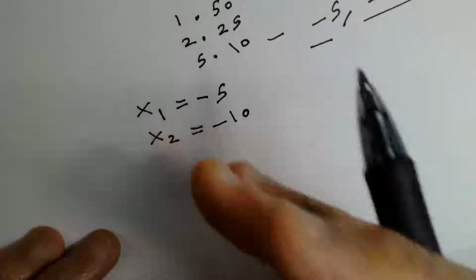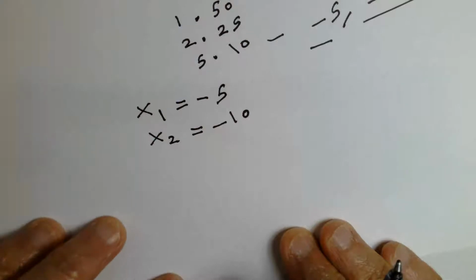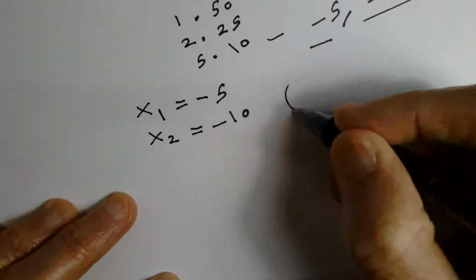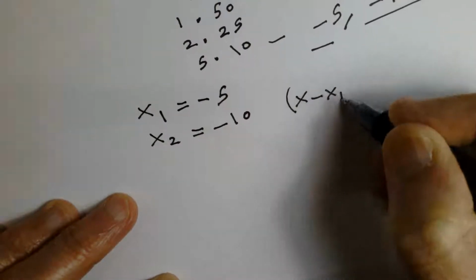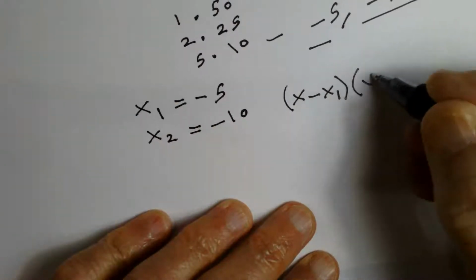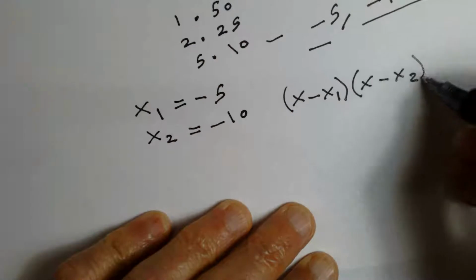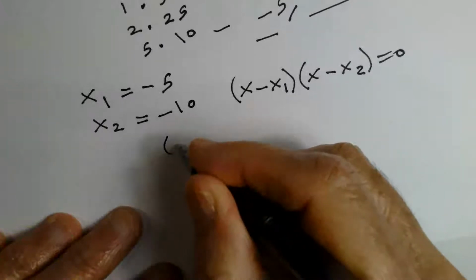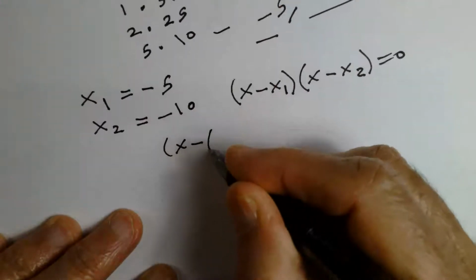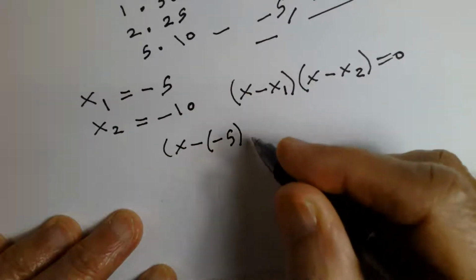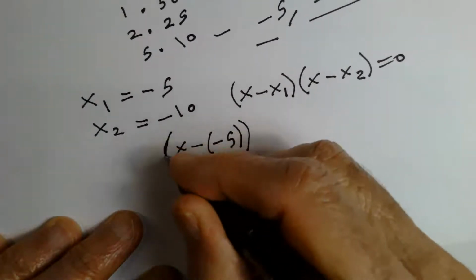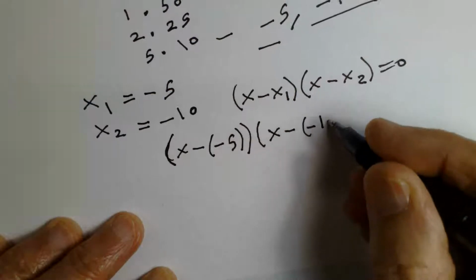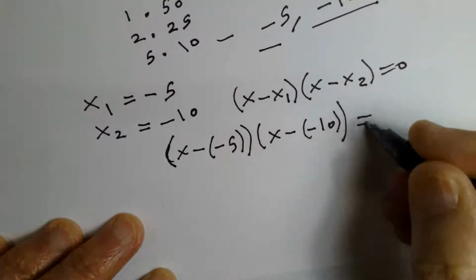Now let's see how it can work in our equation. If we write this equation, x minus x1 into x minus x2 equal to 0, then we have x minus minus 5 into x minus minus 10 equal to 0.